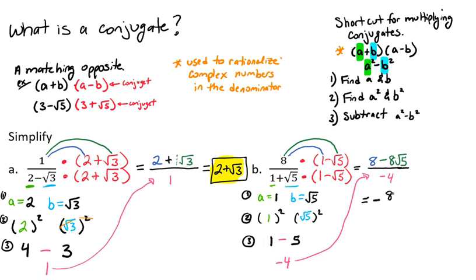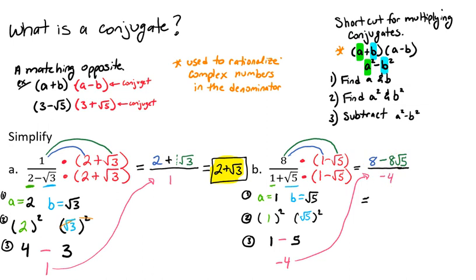So 8 minus 8 times the square root of 5, or rather, we should probably do it this way. It's a little bit easier. If we look at this, we see that 4 goes into this 8, and 4 will go into that 8. So because there's a number that all 3 of those numbers have in common, I can simplify.